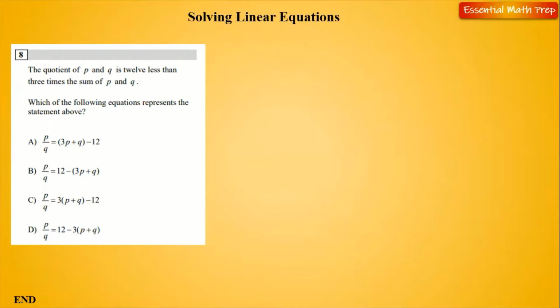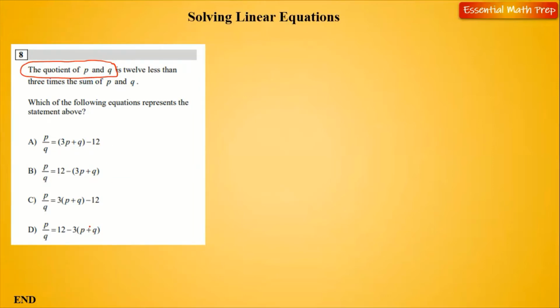Again, here they're specifically saying sum of P and Q, right? Now, for some of you wondering, what is this quotient of P and Q? How do I even imagine this? Well, always look to the answer choices for help.